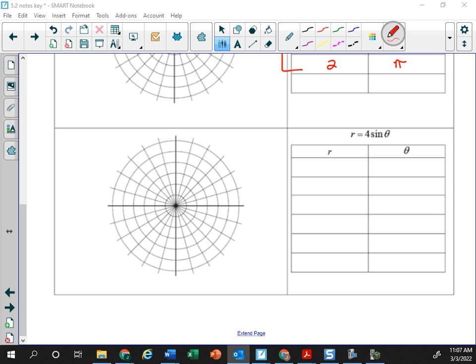Check with your neighbor. Do you guys agree? Did you draw the same circle?